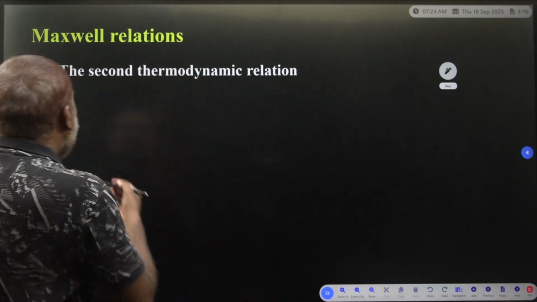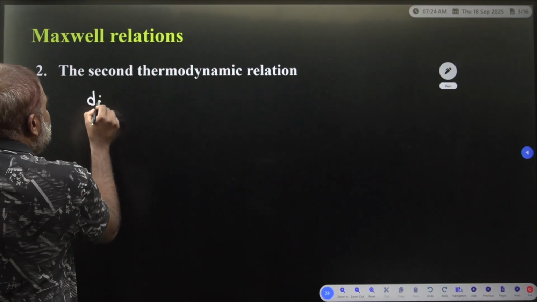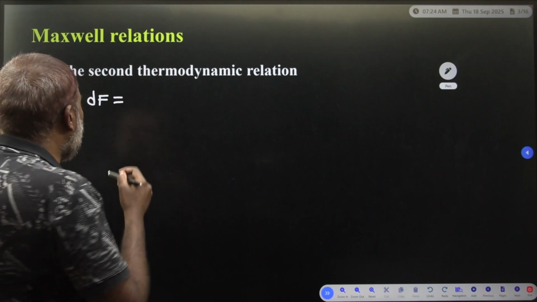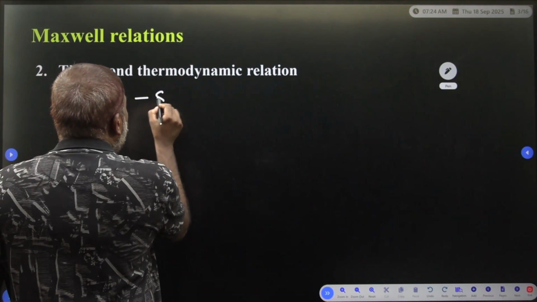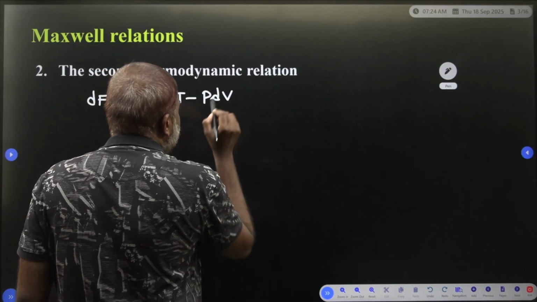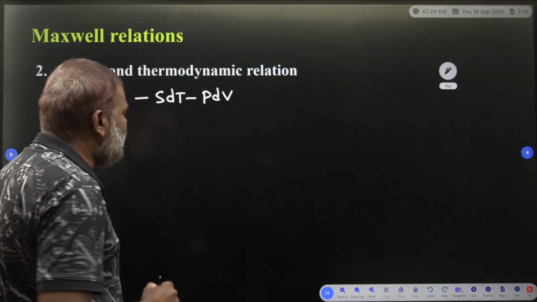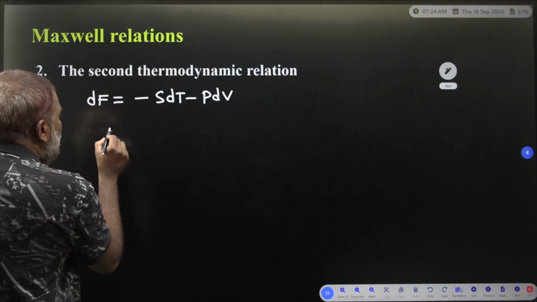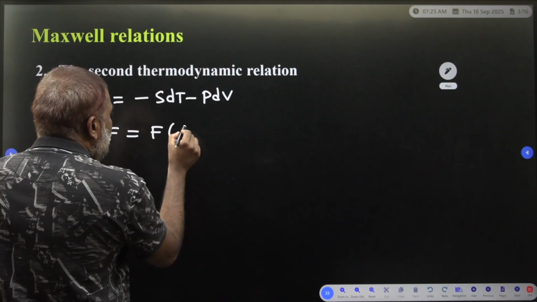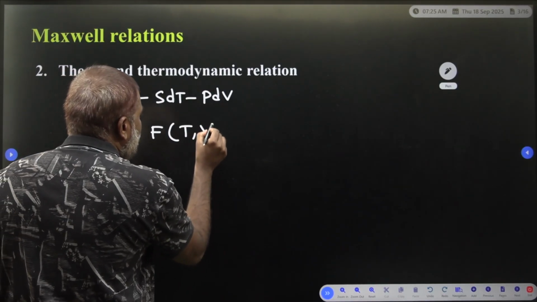You know that the change in Helmholtz free energy is equal to minus S dT minus P dV. So our Helmholtz free energy is a function of temperature and volume.